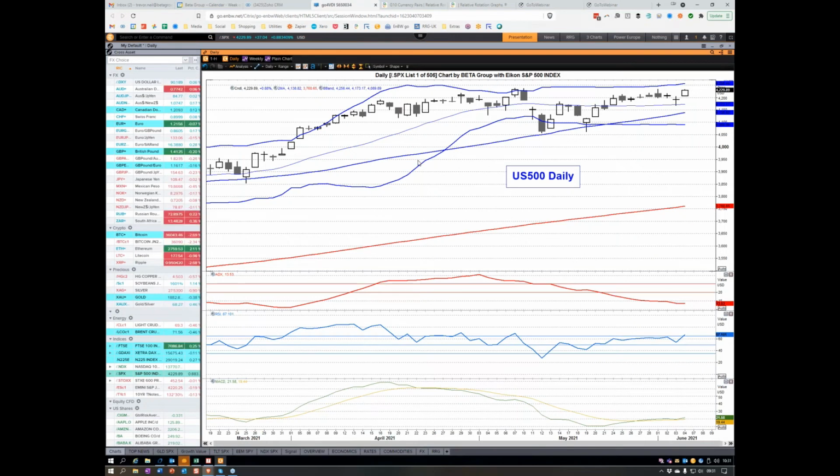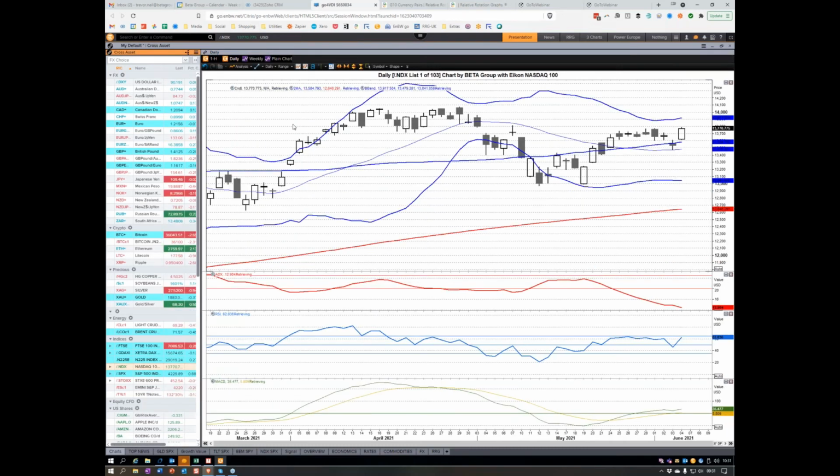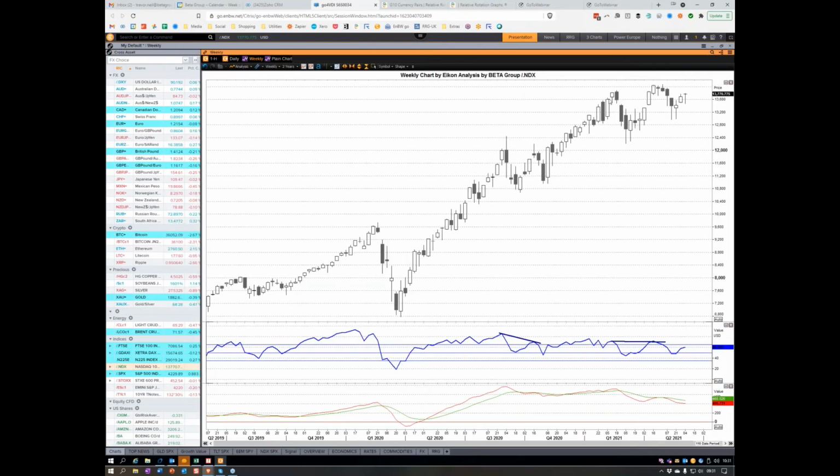There was nowhere other than America to be long of the stock market, but this is not the case now. Now looking at the NASDAQ, the Tech 100, let me show you the weekly chart. Here we've got quite an iffy looking chart, a high, a higher high, but then failure. Here, people might talk about this as a wedge.